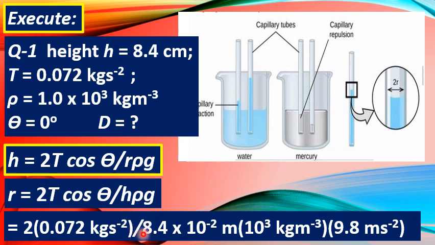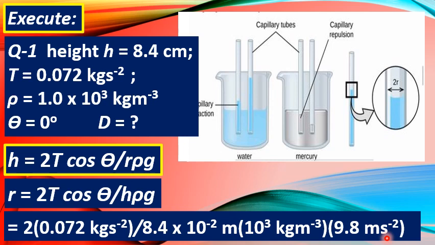Then we divide by the product of the height of water inside the tube, that is 8.4 times 10 to the negative 2 meters, and the density of water, which is 1,000 or 10 to the third kilogram per meter cube, and of course acceleration due to gravity, 9.8 meters per second squared.